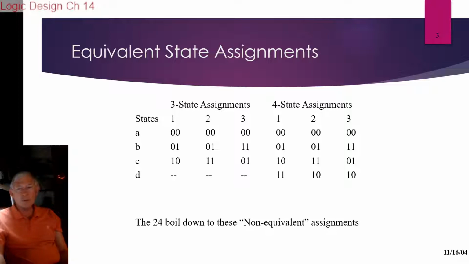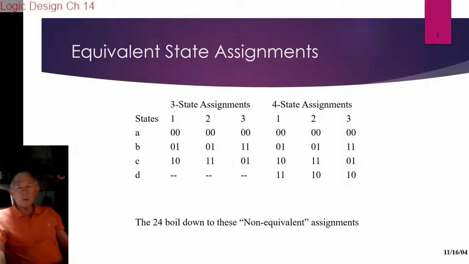And then this assignment, there's apparently about 8 of the 24 possibilities that will give you roughly this assignment. Again, may shuffle things around a little bit, but this is what you'll get. And finally, the last one, you may get 8 more examples where you would get roughly this assignment.